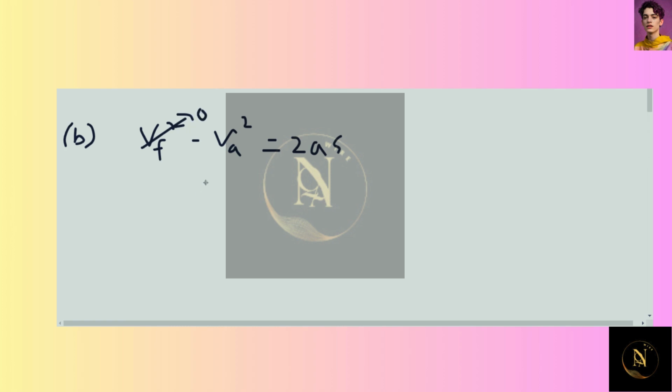So we find that s is equal to negative v sub a squared, and that's okay if that negative sign exists, divided by 2 times our a value, which is negative. So this distance ought to equal 0.3 meters. We can box that in as our solution, part B.